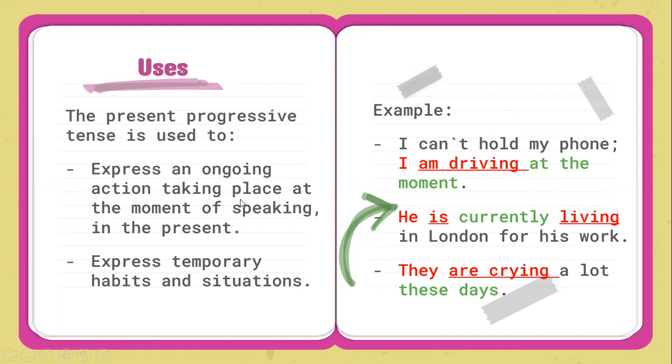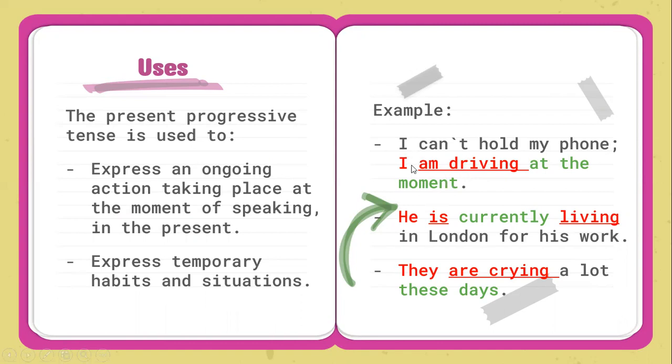All right, so again, we use the present progressive tense to express an action that's going on or taking place at the moment of speaking, which is in the present, or to express a temporary habit or a temporary situation.